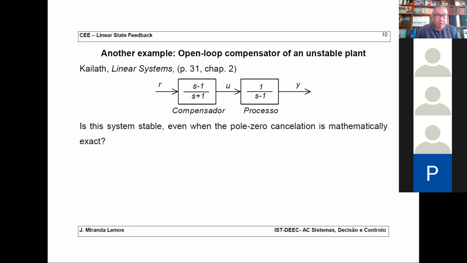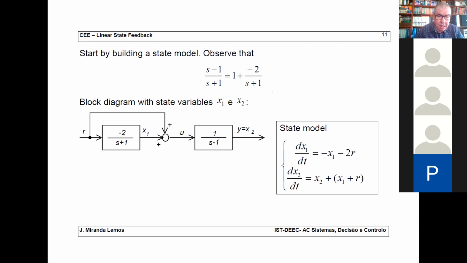Okay. Now the transfer function, you have a perfect cancellation. So the transfer function just has 1 pole. And the conclusion is that the transfer function is hiding something from you. Part of the dynamics is internal. Okay. You can write, for instance, the state equations in this way.